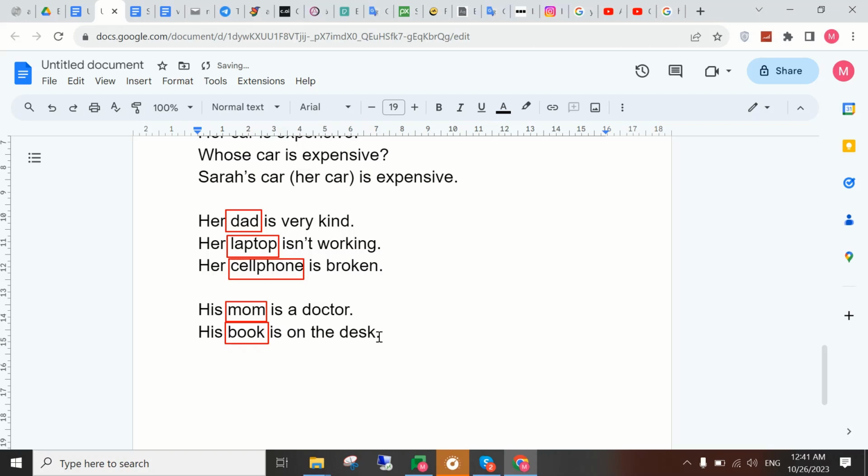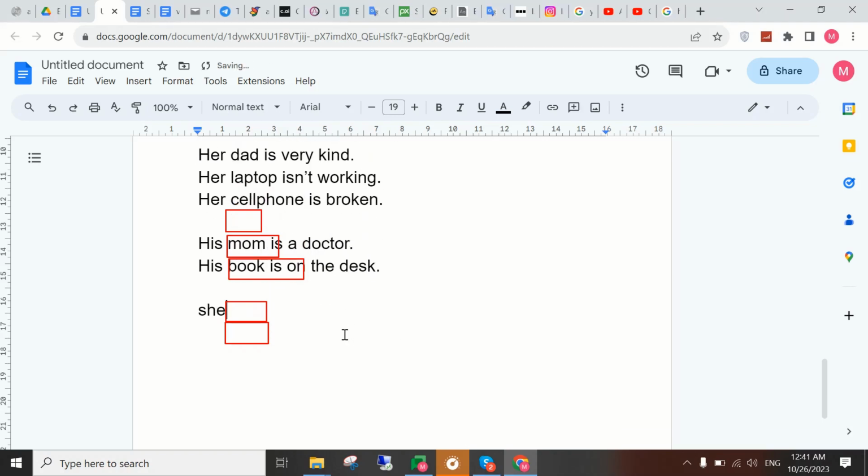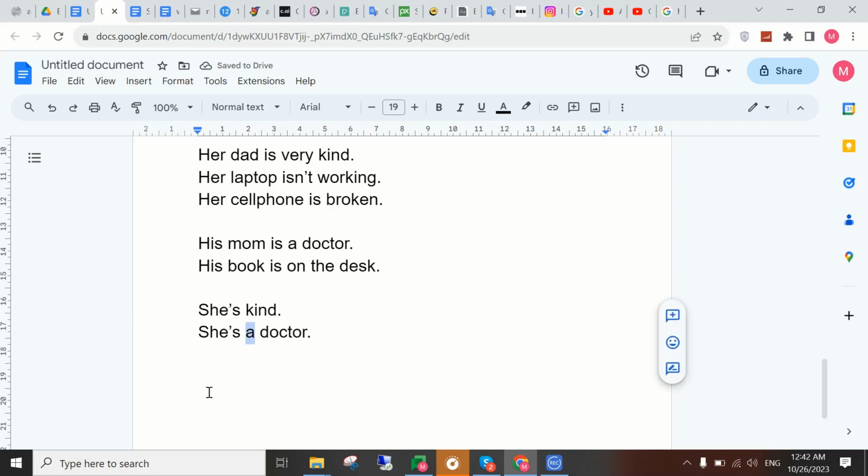But if I use, for example, she's or he's, she's kind. See, I'm using an adjective. She's a doctor. I'm using a, which is an article, and then I'm using the job.